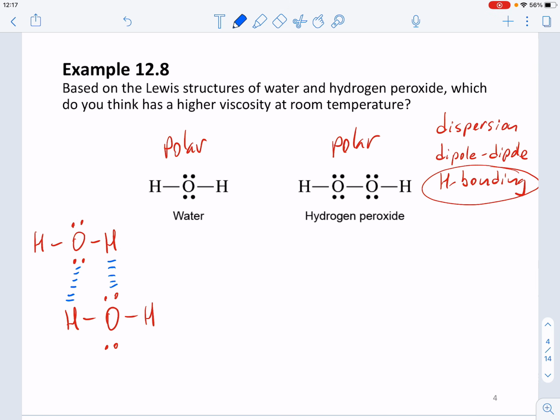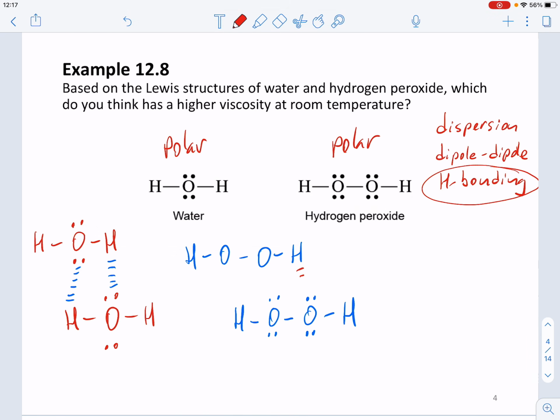If we look at the hydrogen peroxide, though, we have hydrogen, oxygen, oxygen, and hydrogen. Your oxygens will have lone pairs, and I'm going to put the hydrogen here, oxygen, oxygen, and hydrogen. And now I'm going to establish where the interactions are.